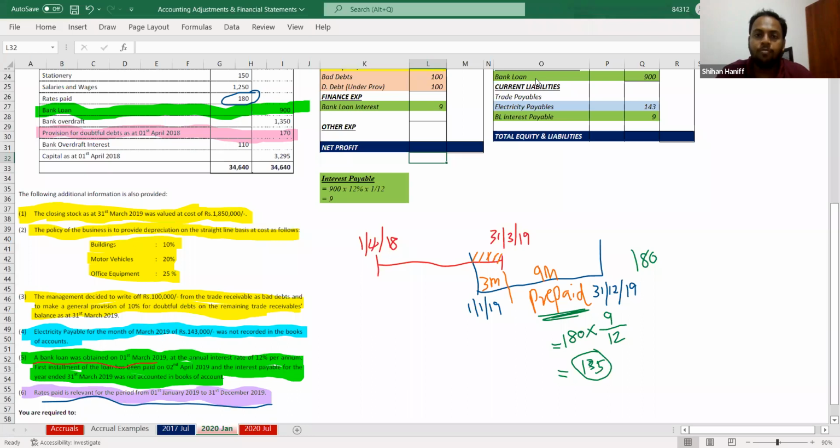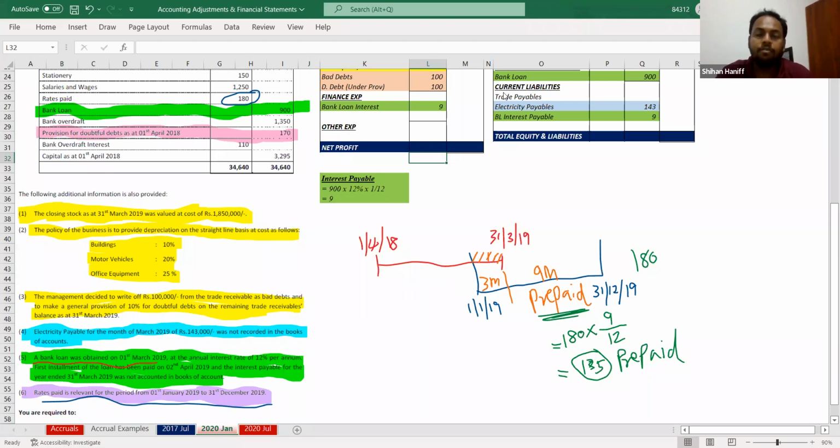So prepayment is 135. It's the prepaid rates. Is it clear?